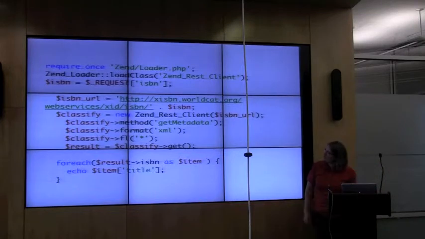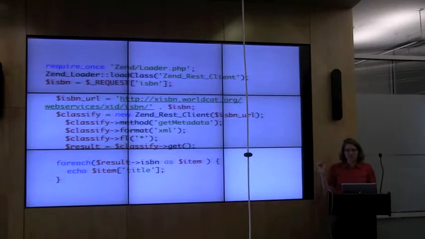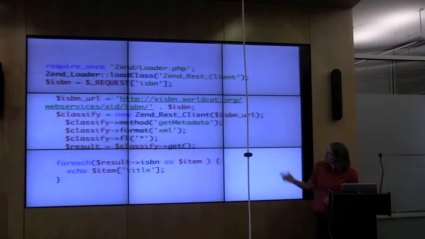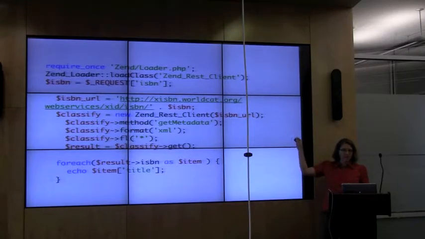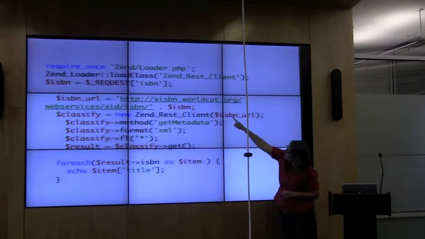But you can do nifty little things like this. This is a really short PHP script that's using the REST client that's querying that xISBN web service. The first two lines are Zend things that say, yes, I'm using Zend and I need this particular class. I'm getting an ISBN, I'm sending it off, I'm building a URL basically here.